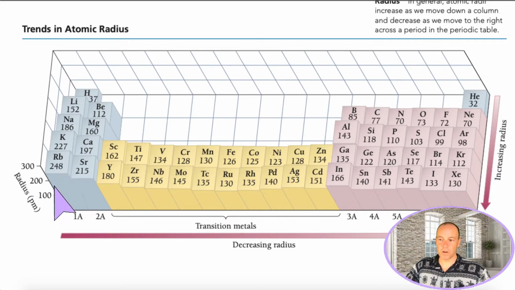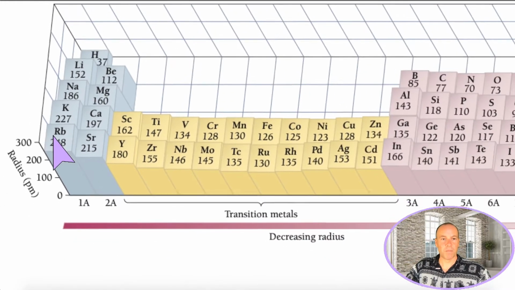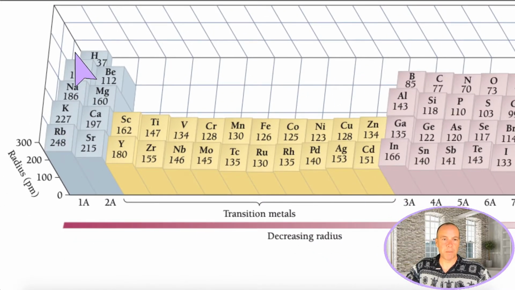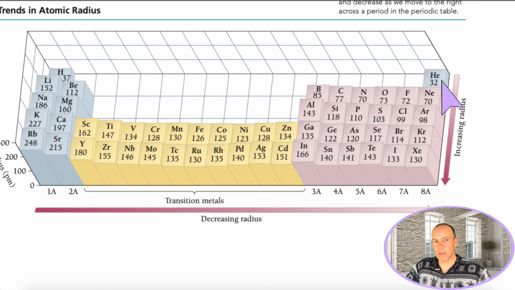So this is the largest atom right here, rubidium. Although this periodic table only lists the first 5 periods, you can see the trend that as you get closer to the left-hand corner, those are the biggest atoms. And as you get closer to the right-hand corner, those are the smallest atoms.